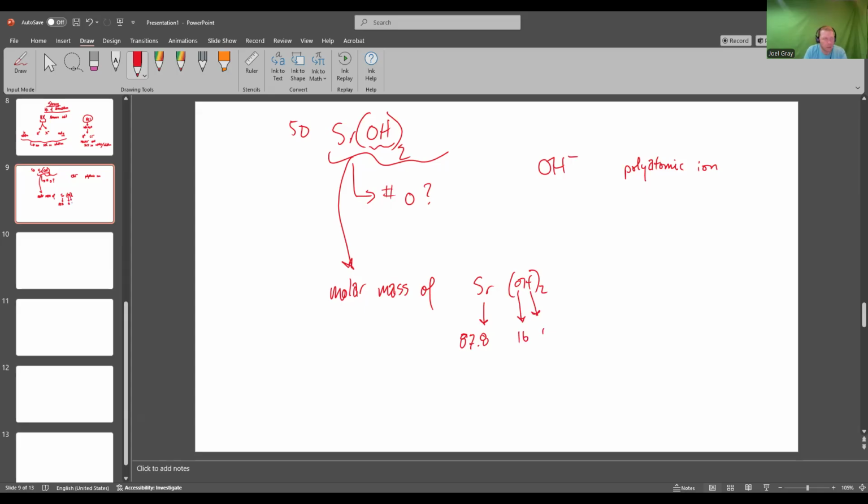My molar mass of this would be, let's see, 2 oxygens, so that's going to be 32, because I'm multiplying that by 2. 1, I'm going to multiply that by 2, so I'm looking at 32 plus 2 plus 87.8. So we are looking at a grand total of 34, 87.8 plus 34 equals, let's see, 121.8. And that is grams per mole.